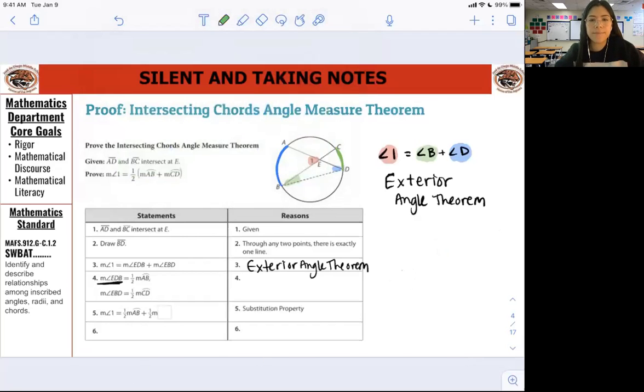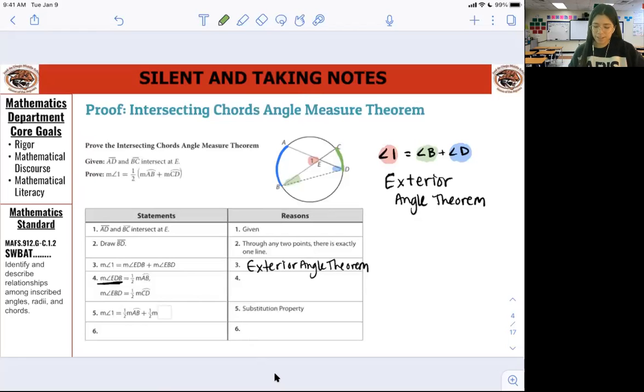What is that all about? It does have a name. We've been working on it all along. Yeah, it's the inscribed angle theorem.